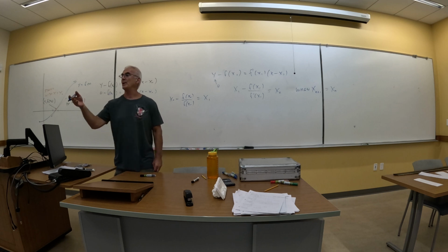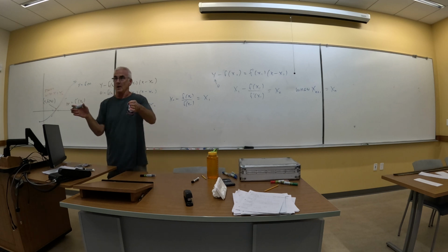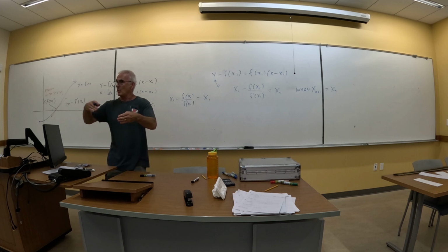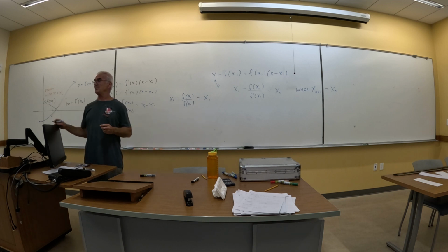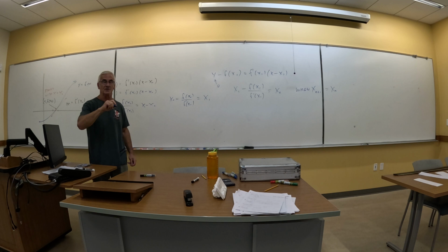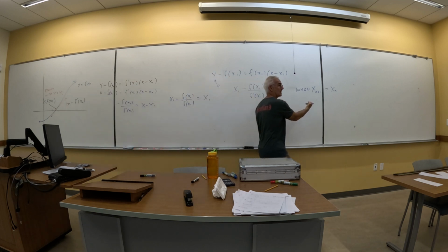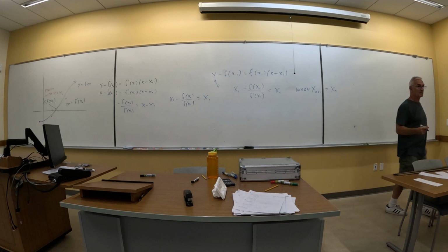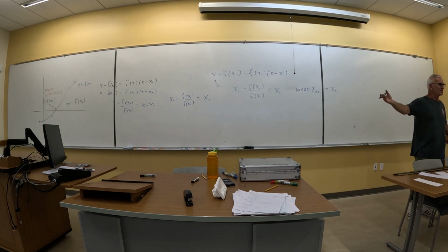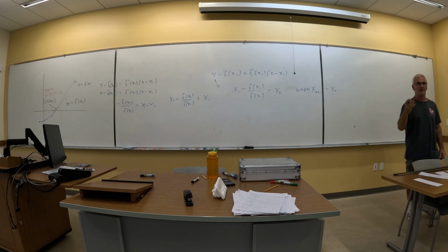Now, the more decimal places that you choose to answer the question to, the more steps this may take. But what you're going to find is this process converges really fast. To converge means this happened. And what you're going to find is in most problems, by the time you're at x2 or x3, you're probably already done. It's not going to take 10 tries. It might only take a couple.